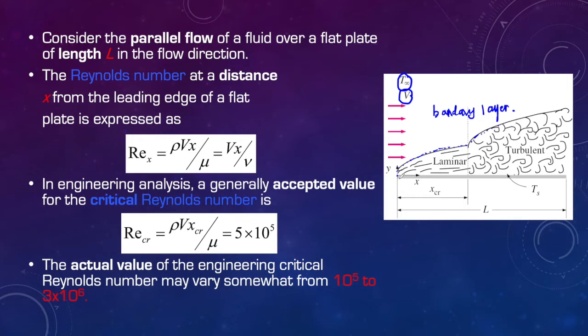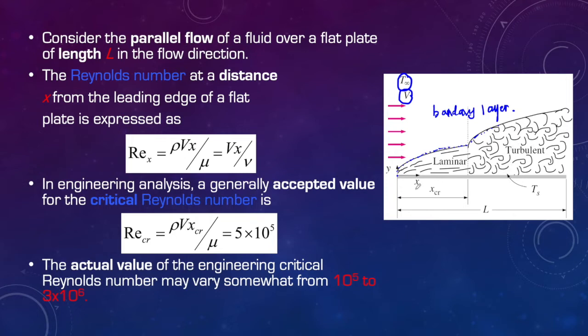For a fluid that flows in a turbulent manner, it will start out with laminar flow, and then after it passes the critical Reynolds number for a flat plate, it will become turbulent flow.